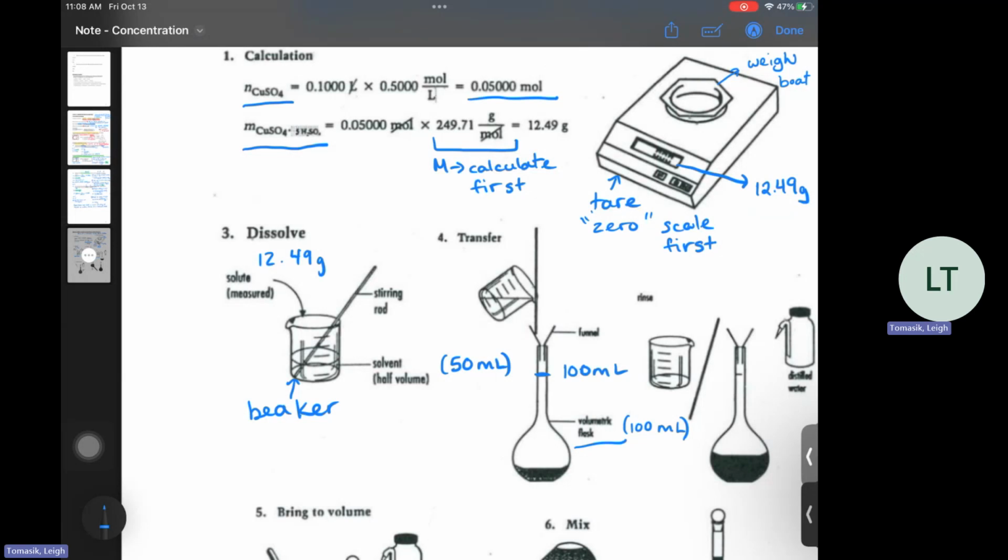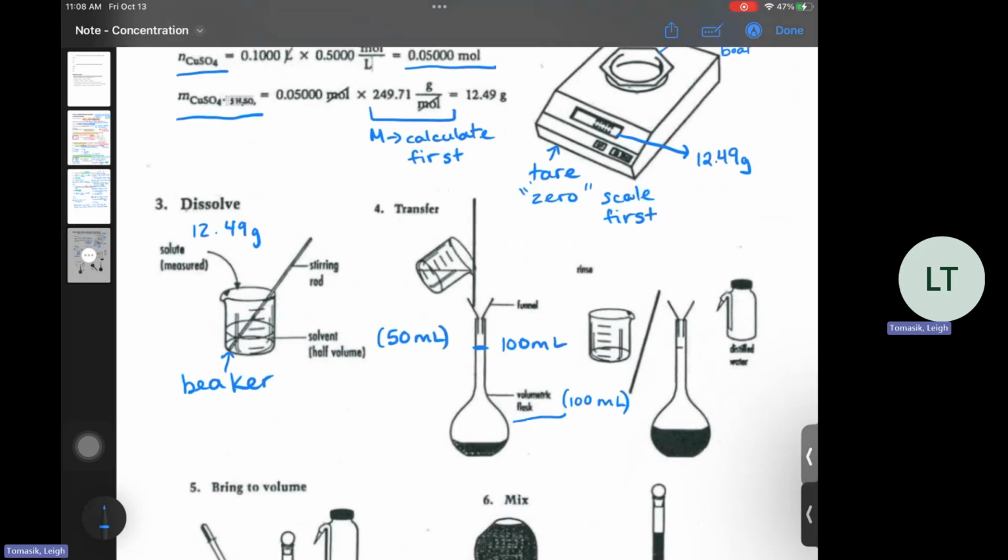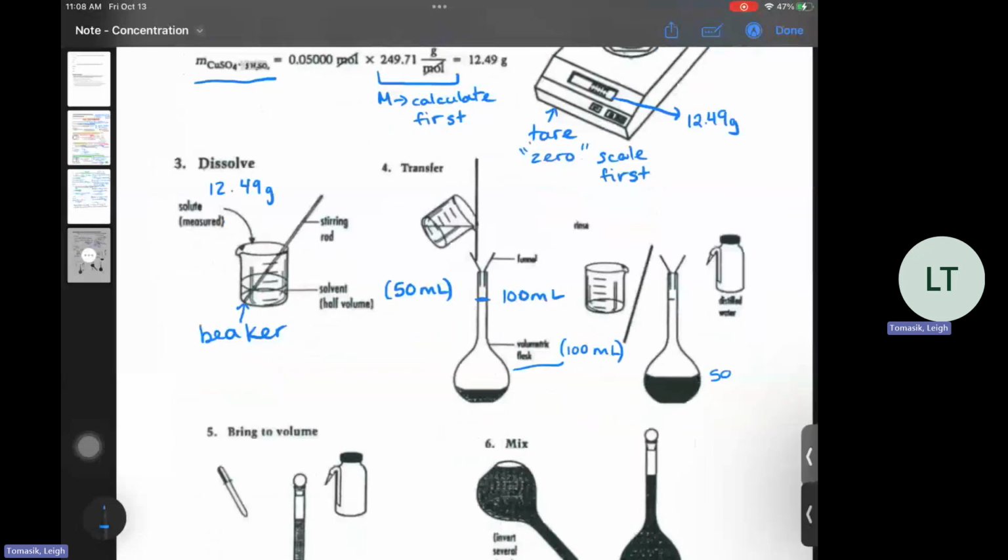We'll pour it into a funnel to make sure that all of our solute and solvent make it into the container. We'll pour it against a rod so that there's no splashing. So here we have 50 mils, and we just want to rinse down the sides with distilled water.